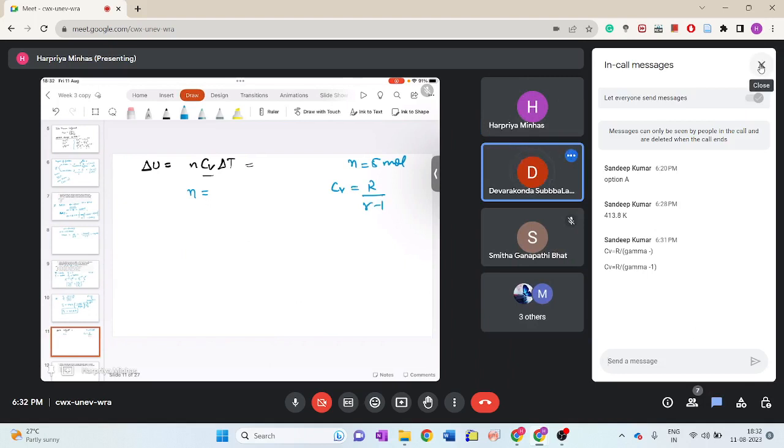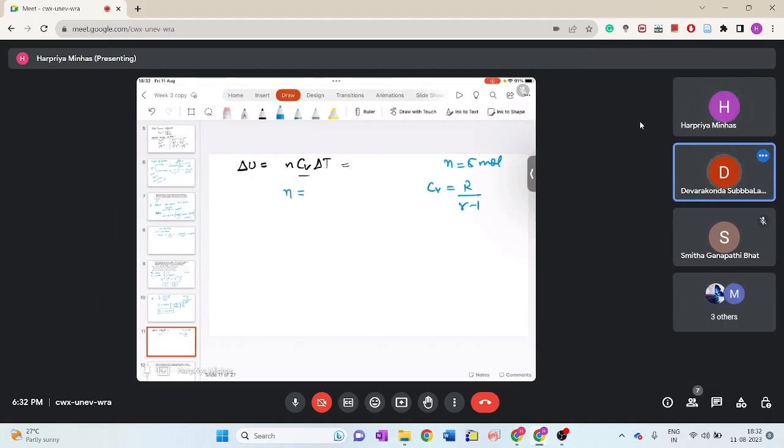So divide by Cv, then we'll get gamma minus 1 is equal to R by Cv. So this is the equation. Can we use this? Now put the values over here and let me know the value of Cv, and respectively calculate the Cp also.